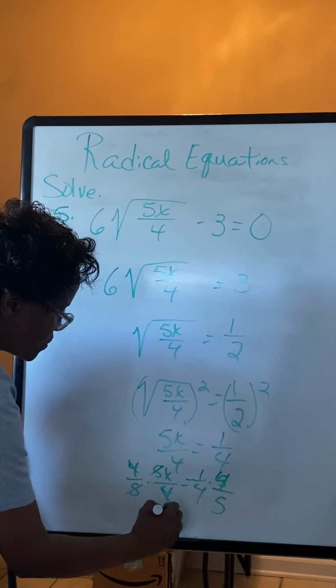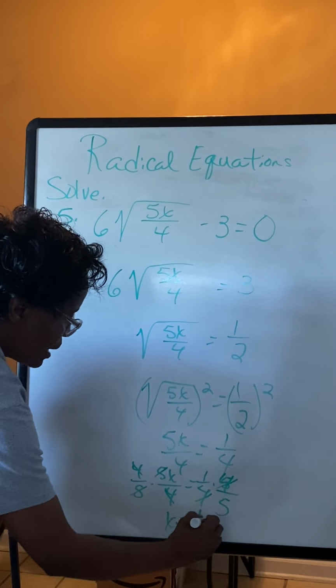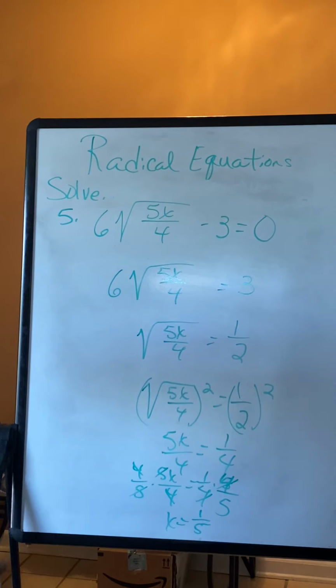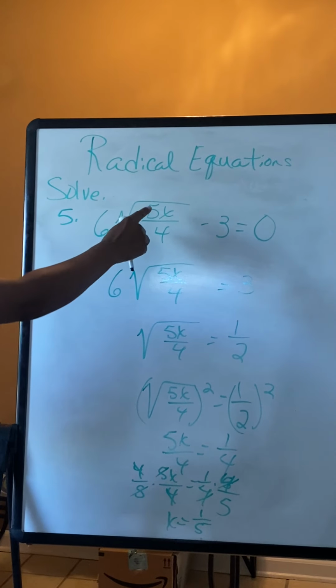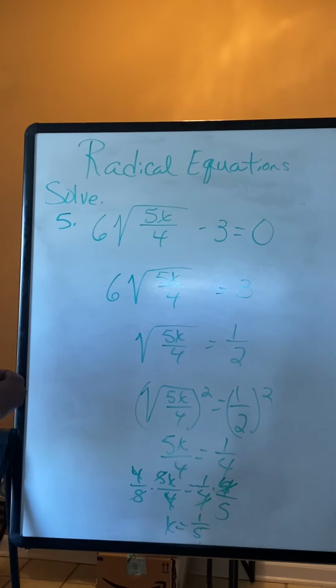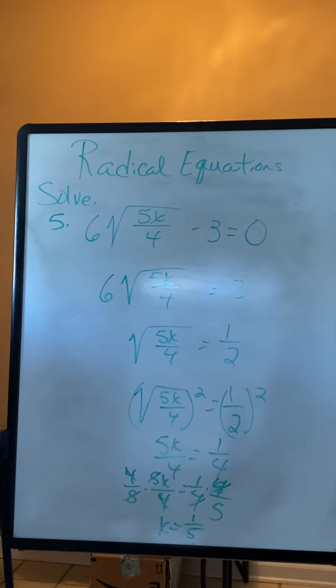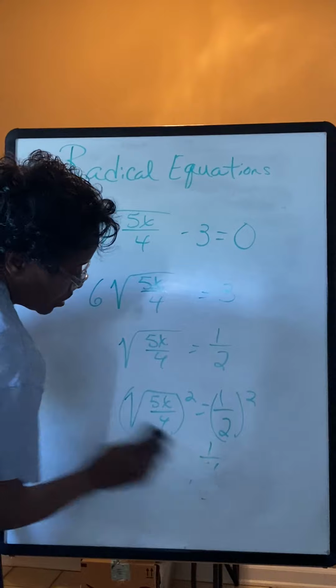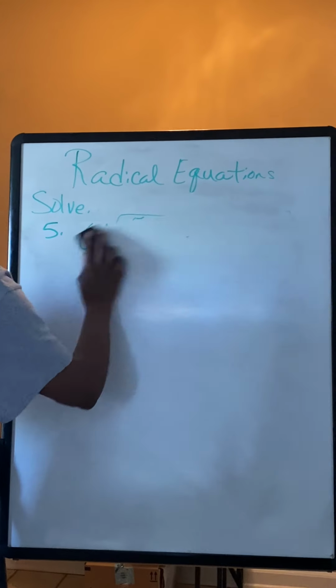That cancels, leaves me with x. That cancels, answers 1/5. And remember, take the 1/5, go back and substitute, see if it will give you a true statement. If it doesn't, then that means it would have no solution if that does not satisfy the problem.